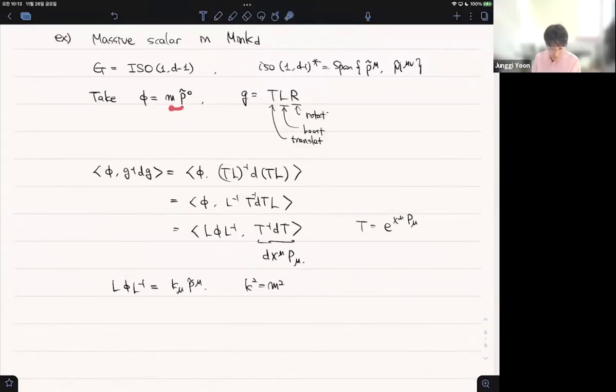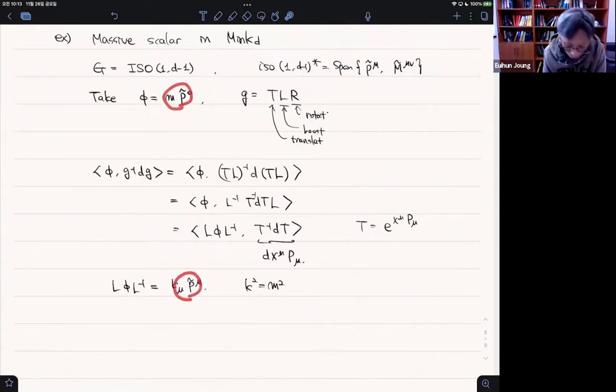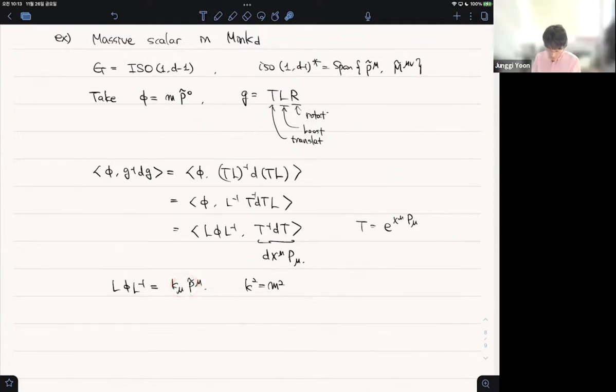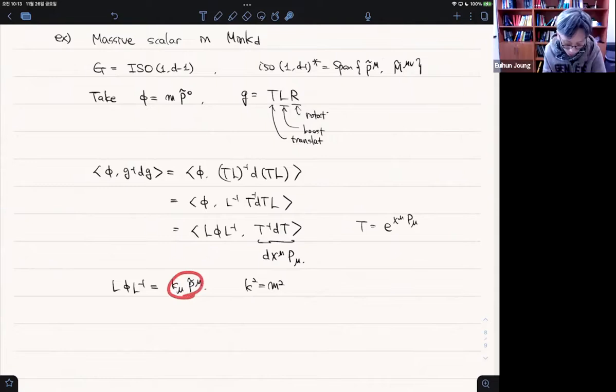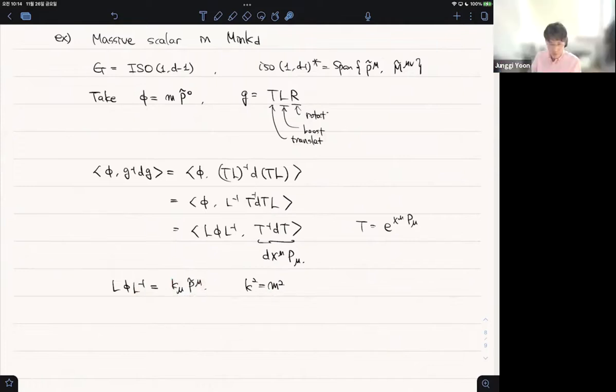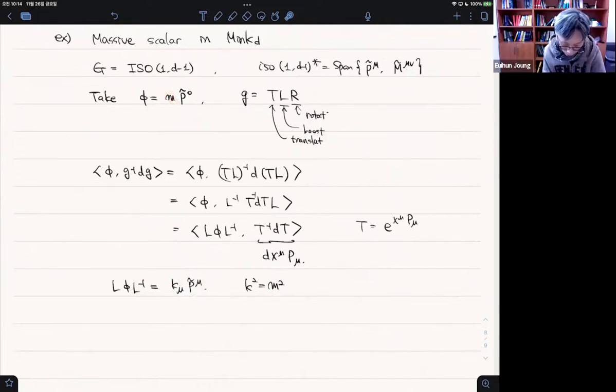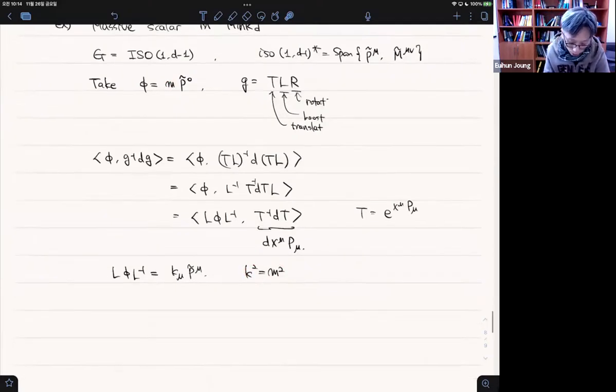So after boosting this vector, we get some direction in the P space. It is not an arbitrary vector, but the vector given by this boost. And the condition is that since it starts with M, this K square should be M square.